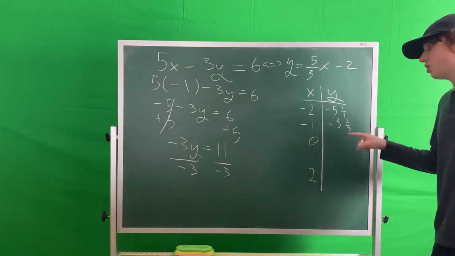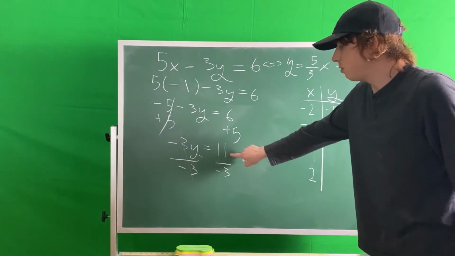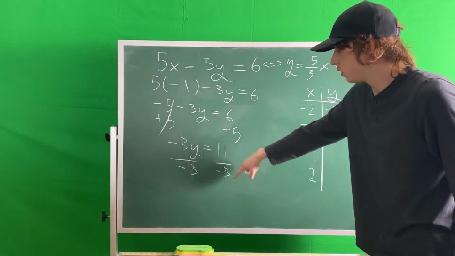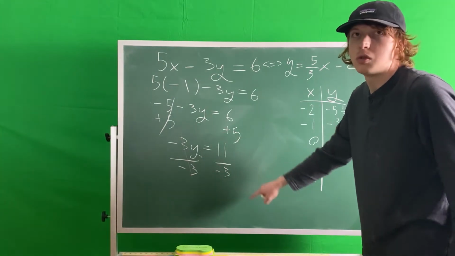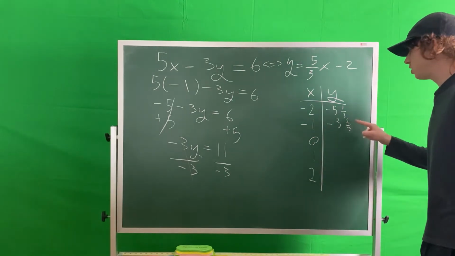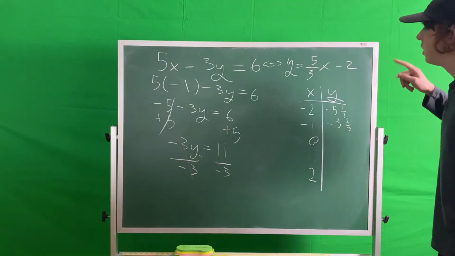I'm doing that quick because 9 would be the closest multiple: 9 over negative 3 gives us negative 3, and our remainder is 2/3. So negative 3 2/3, or 3.666 repeating.